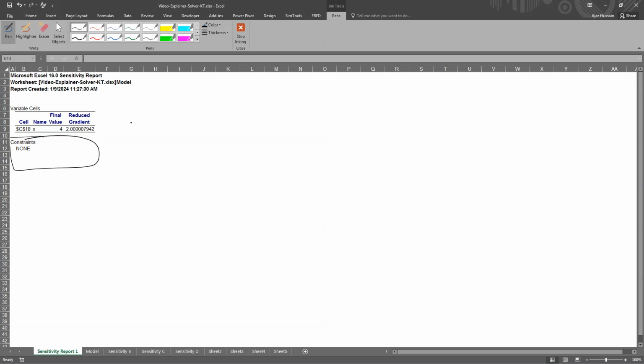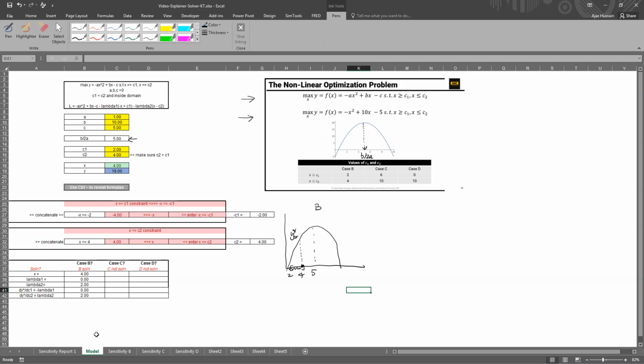Okay. What about perhaps a different technique? When you put constraints in Excel, your constraint has to be in the form of some function of x either being less than, let's say, C2, or some function of x being bigger than C1. If you put x, the decision variable, Excel doesn't think it's a function of x.